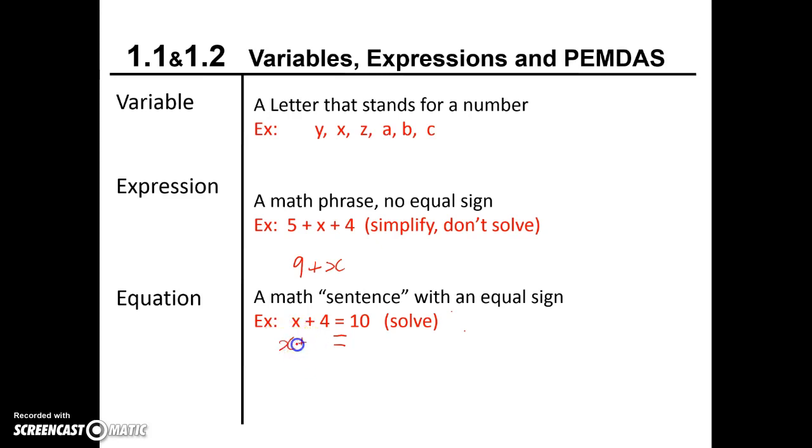So if I have x plus 4, 10, I want to get rid of this 4. So I'm going to subtract 4 on both sides. Subtract 4 there, and I end up with 6. So I have x plus 0 equals 6, or x equals 6. And that's my answer.